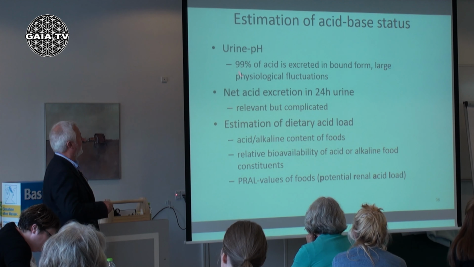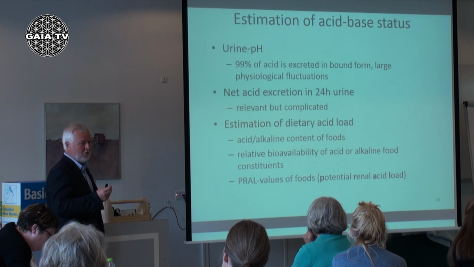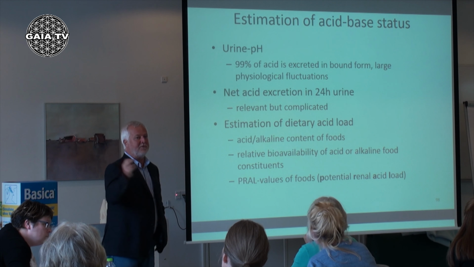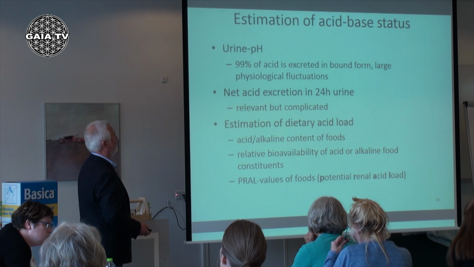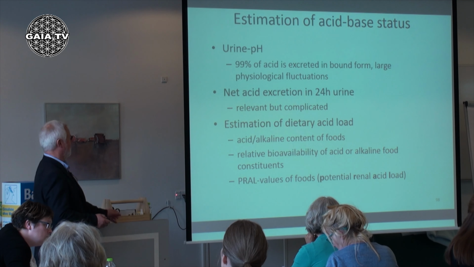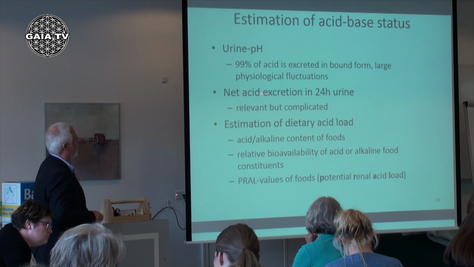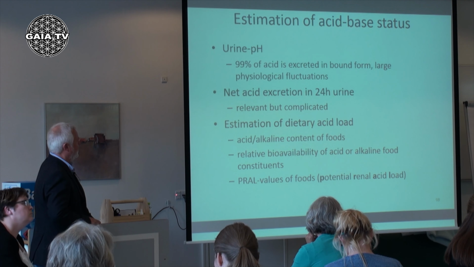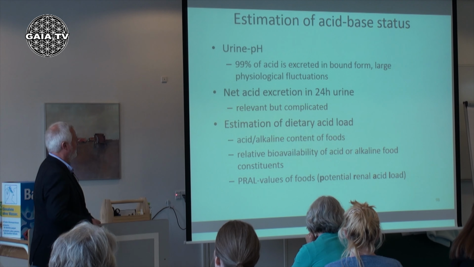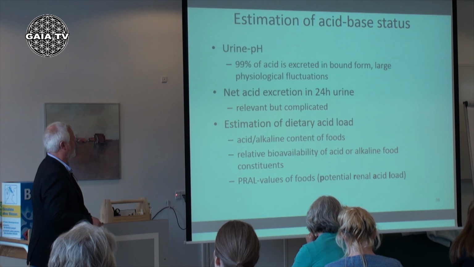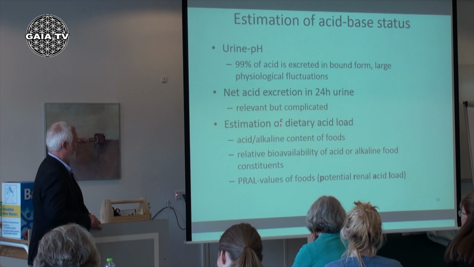So if you do that, you have to measure the urinary pH over several days, several times a day, and then you can say something. Better is net acid excretion in urine, but to sample 24-hour urine is not so easy, and you have to titrate that. This is not helpful for routine.